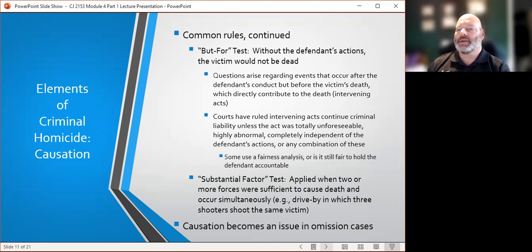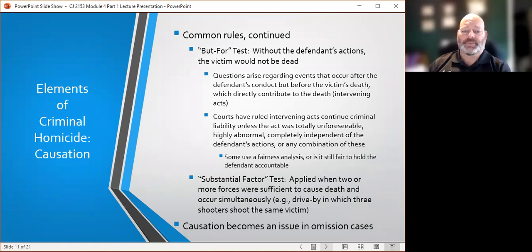Courts have ruled that intervening acts do not end criminal liability unless the act was totally unforeseeable, highly abnormal, completely independent of the defendant's actions, or any combination. There's also some use of a fairness analysis: is it still fair to hold the defendant accountable for the death?